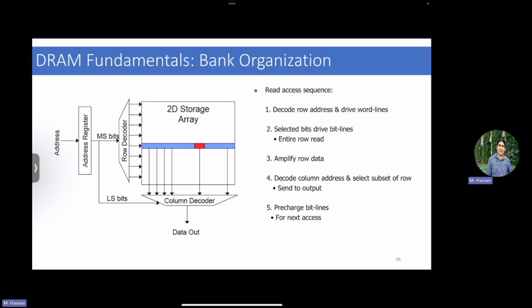Usually the row size is 1 to 4 kilobytes in most modern DRAM. You bring this full 2 kilobytes into the row buffer, and then in the second stage, you feed in later in the cycle the column address to the column decoder that's going to pick a particular column or columns from the row buffer to read the number of bytes you request from the row.